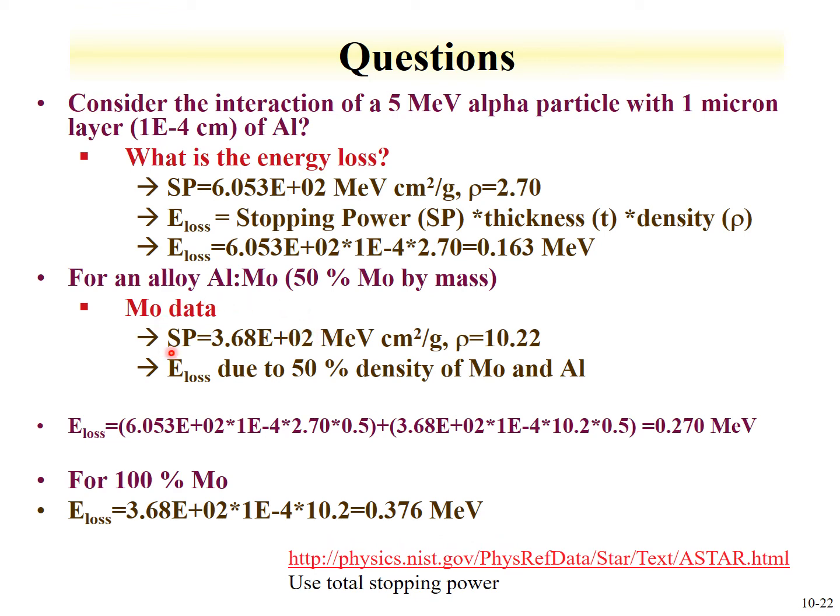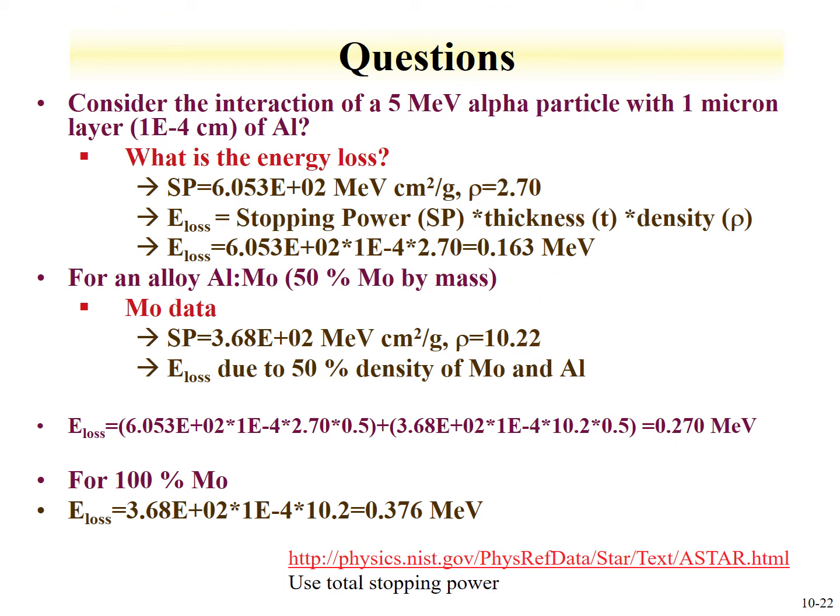The stopping power is 3.68 times 10 to the 2 MeV centimeter squared per gram. The density of molybdenum is much larger than the density of aluminum, 10.22 versus 2.7.